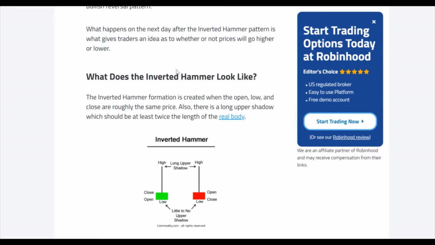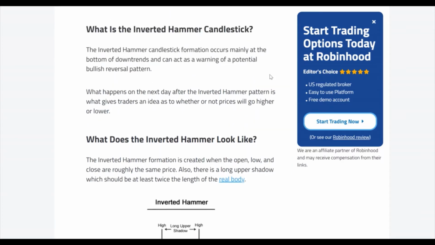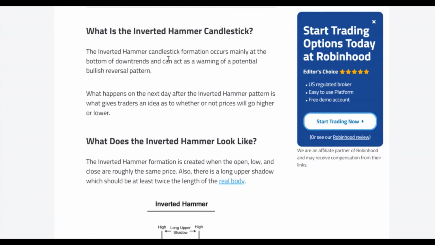And anyway, they say that an inverted hammer candlestick formation occurs mainly at the bottom of a downtrend and can act as a warning of a potential bullish reversal pattern.